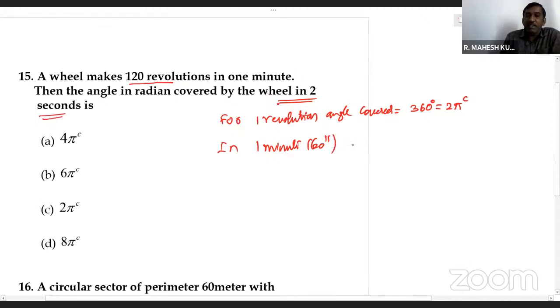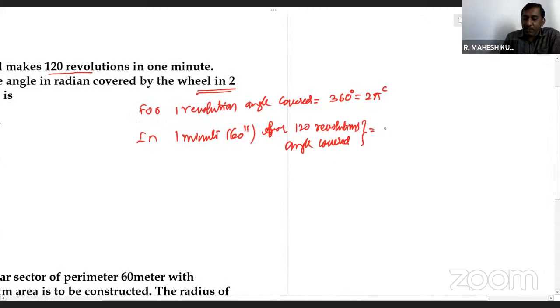So 1 minute is 60 seconds, and for 120 revolutions, the angle covered is, look, for 1 revolution 2 pi, so for 120 revolutions it is 120 into 2 pi. This is the angle covered in 120 revolutions. Now I will write it for 1 second.